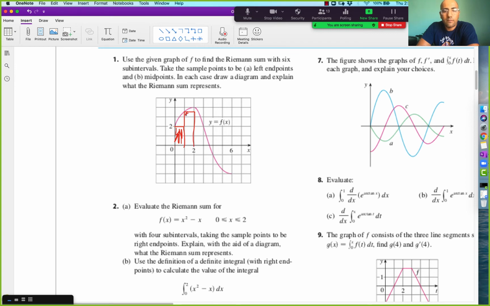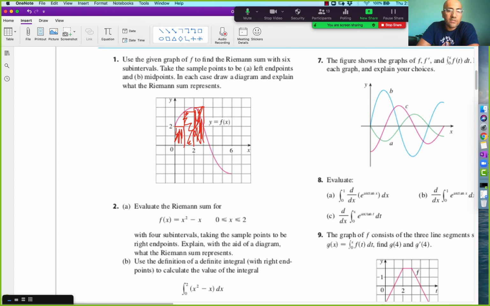Using left endpoints, my next rectangle is going to be there. So then I'll overestimate a little bit by coming out too far. So we get an idea of what left endpoints means. Good. So evaluate our function at the left endpoints.